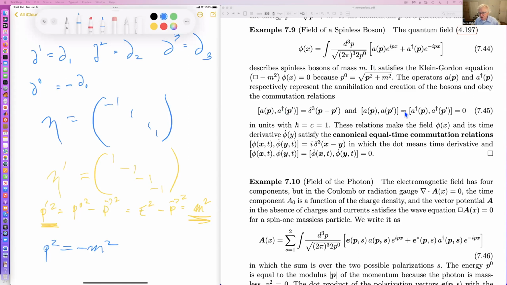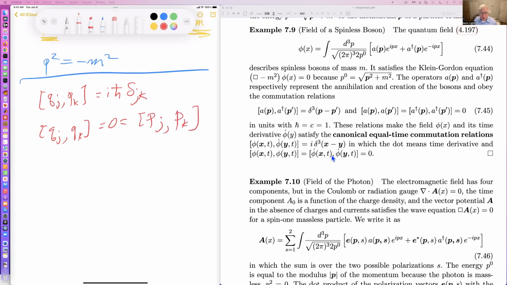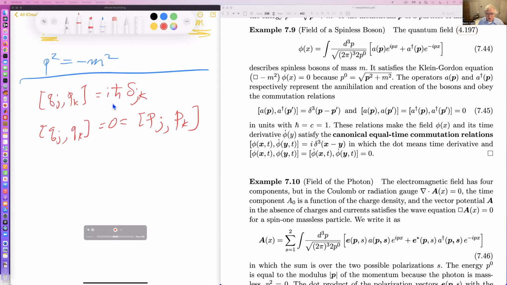Anyway, the key point here from the point of the quantum field theory is that A and A dagger satisfy commutation relations like these, and they make the field satisfy canonical commutation relations. And what's kind of nice about these things is that they are the analog of the equal time commutation relations of quantum mechanics, which are these.